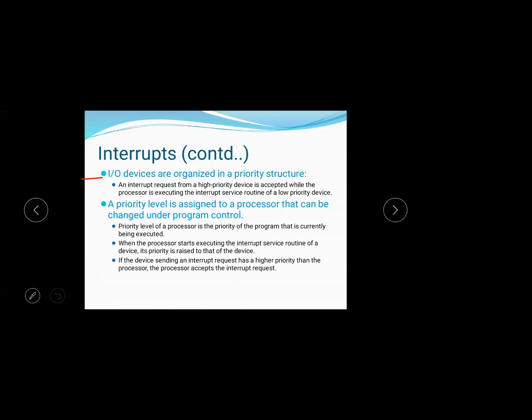IO devices are organized in a priority structure, from highest priority to least priority. Highest priority is given to the high speed devices.